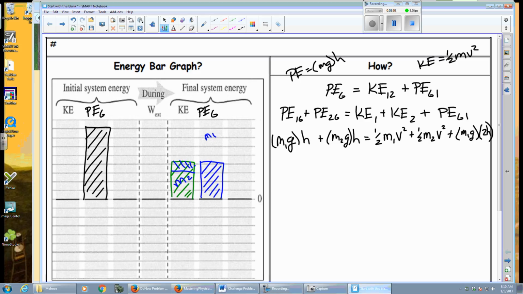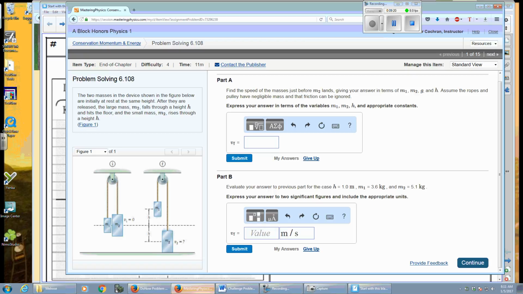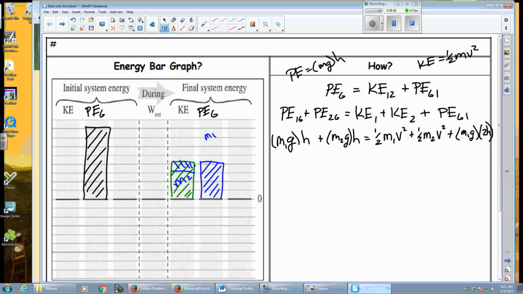And of course I've run out of room. Yay! Because now it's just algebra, right? What do they want me to find? Okay. So they want me to solve this for V. Right?